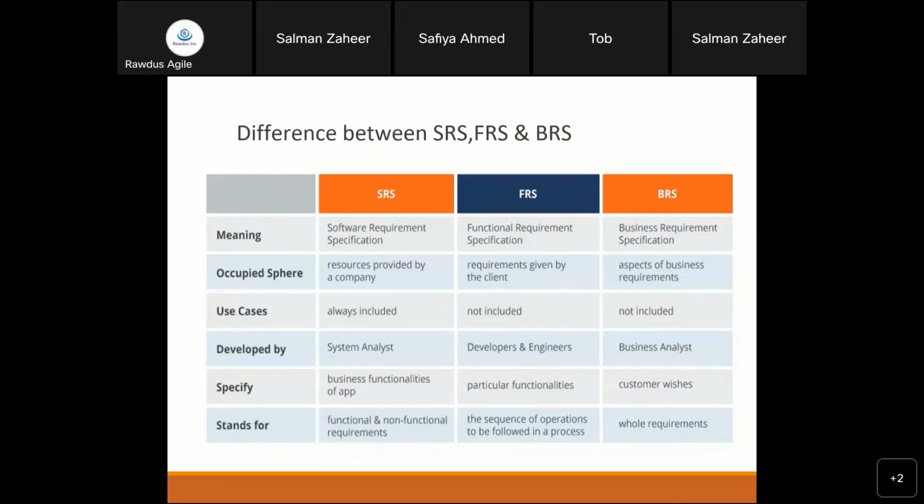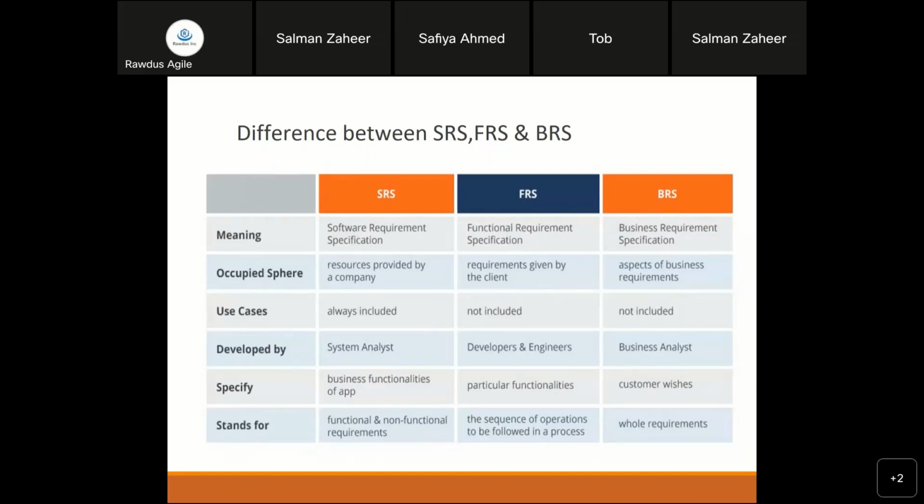The SRS is basically a resource provided by a company. It contains a high-level description of what the client wants to build. In the SRS document, there is a description of the project and the features the client needs built in their project. This is a very simple document in which the client's expectations are visible to the stakeholders of the company or the client itself.